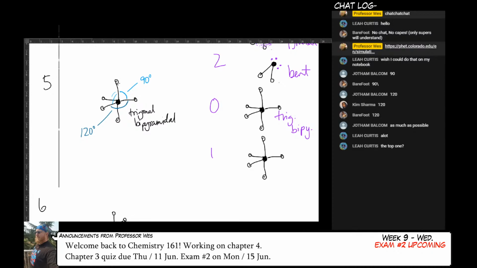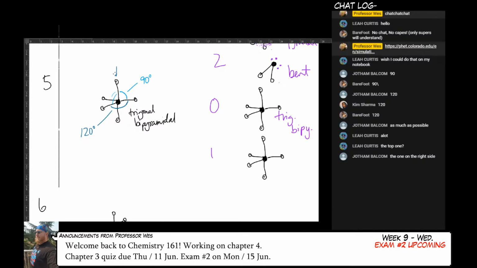So which one is further apart? These 2 that are 90 or these that are 120? So the one on the right side is one of the ones in the center, and it's 120 degrees apart from its neighbor and 90 degrees apart from the top and the bottom. The one on the top is only 90 degrees away from anything.